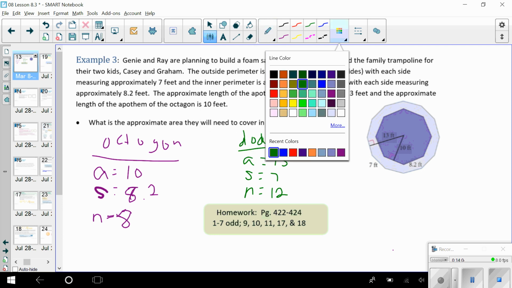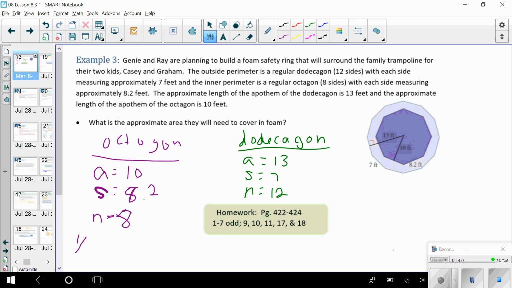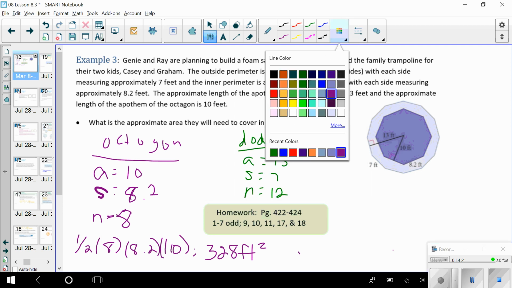So to find the area of our octagon, we're going to take 1/2 of 8, that's 8.2, times 10. So the area of our octagon, the dark purple region, is 328 feet squared. Now we're going to apply the same formula with the dodecagon.